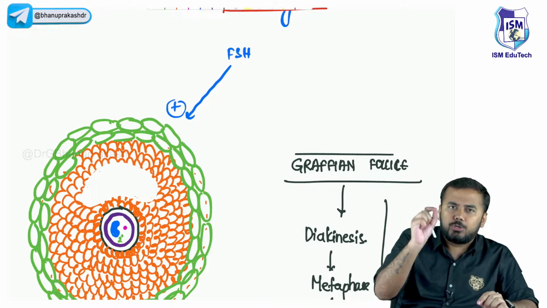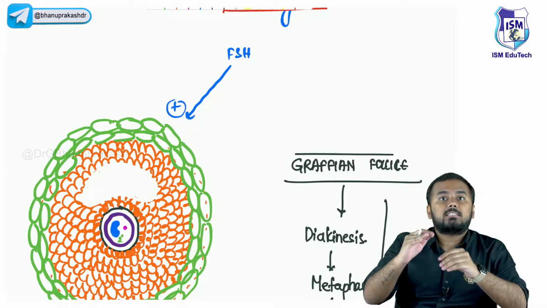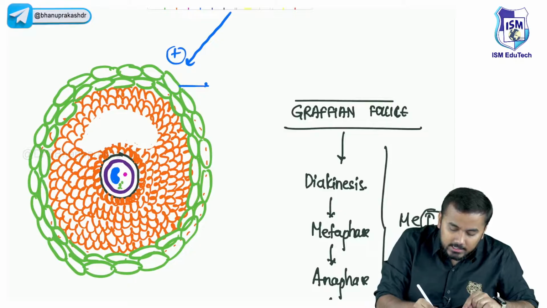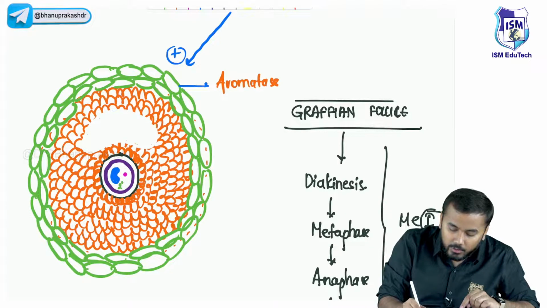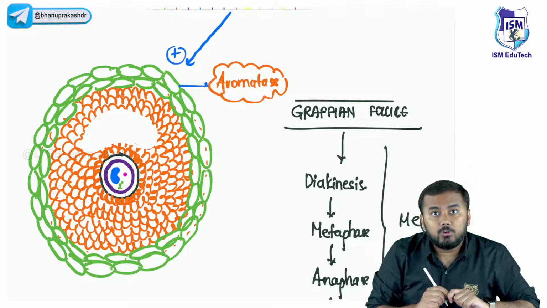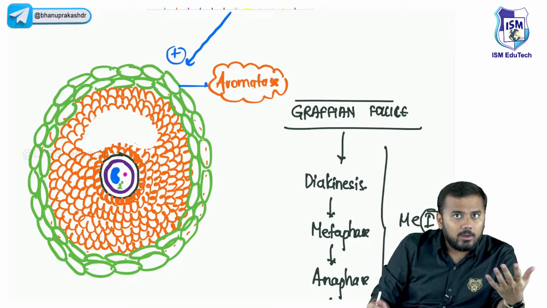Once theca cells are stimulated by FSH again and again, these theca cells start releasing an enzyme called aromatase. Okay, what will this aromatase do? Within the blood, don't you think you have got estradiol? Yes or no?